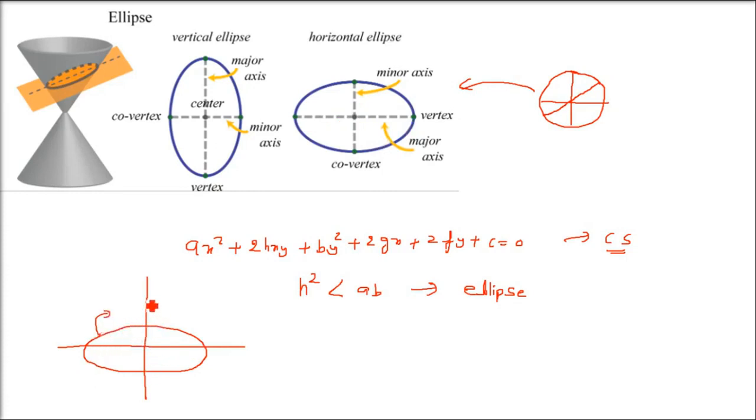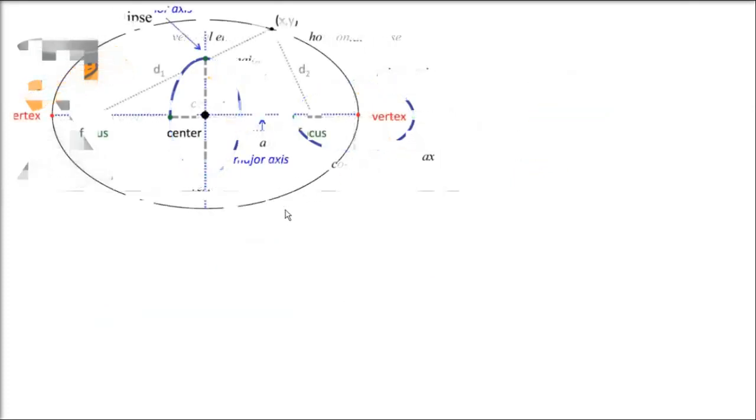If I turn it by 90 degrees, it becomes another form, called a vertical ellipse. It's not a diameter, please understand, I'm just equating it with a circle. The smaller one will be minor, the bigger one will be major. When the major and minor axes become equal, it will become a circle.